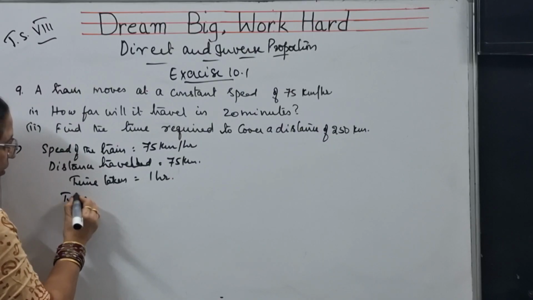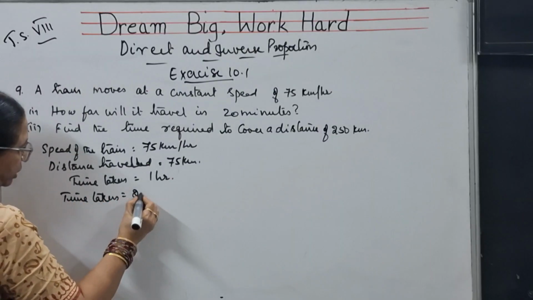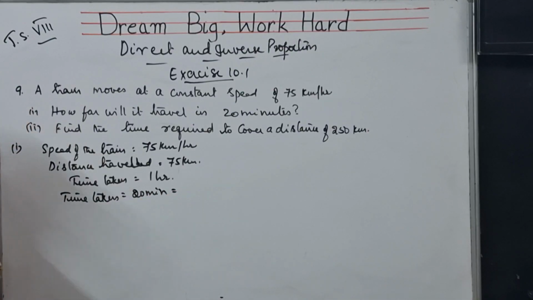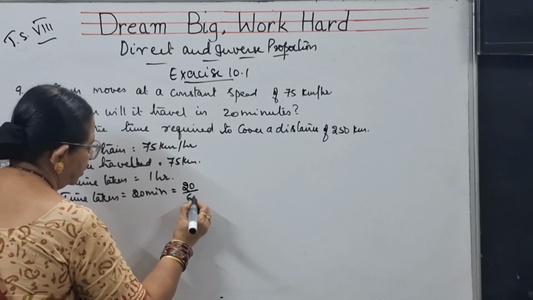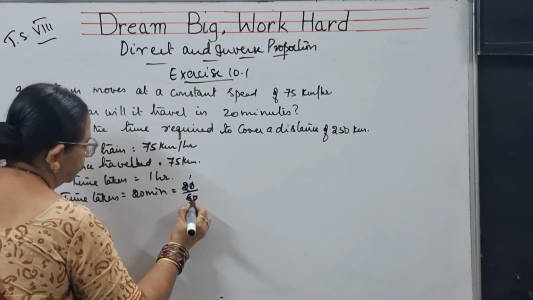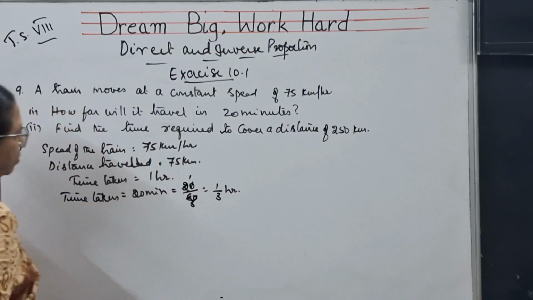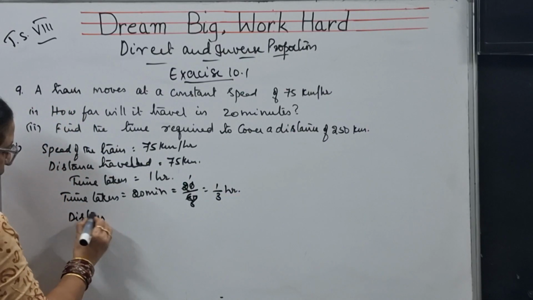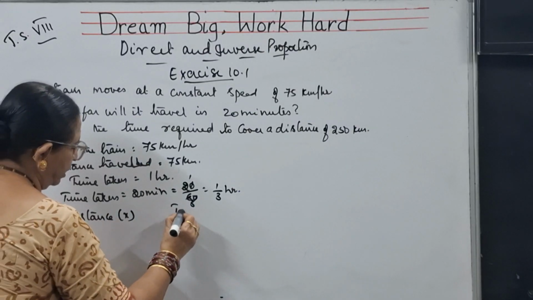If time taken is 20 minutes, you can convert minutes into hours by dividing by 60. That is 1 by 3 hours. So distance traveled, take distance as x and time as y.